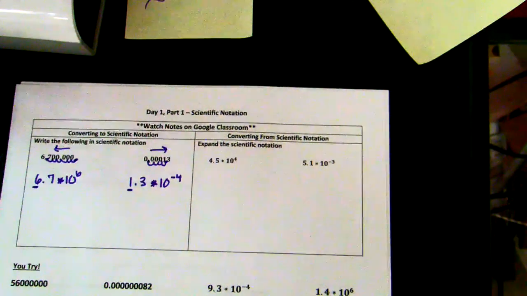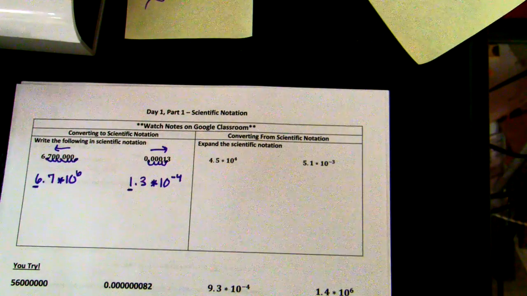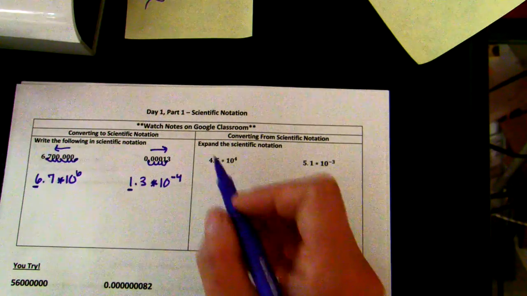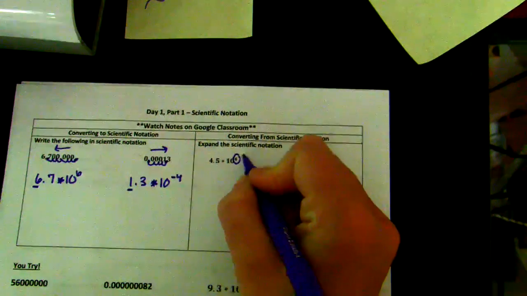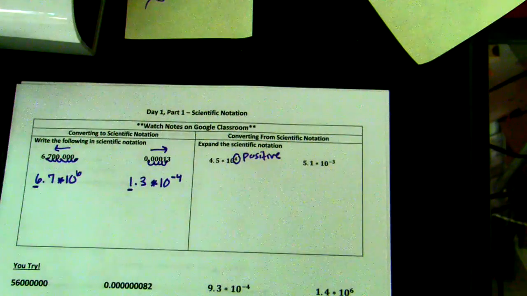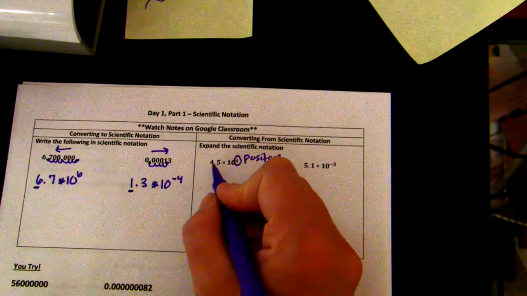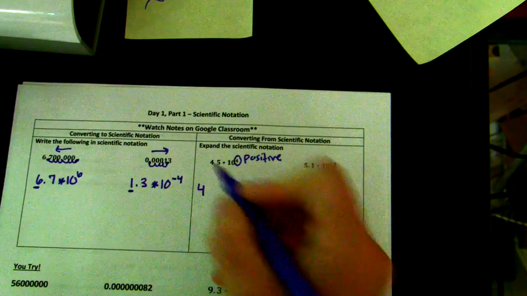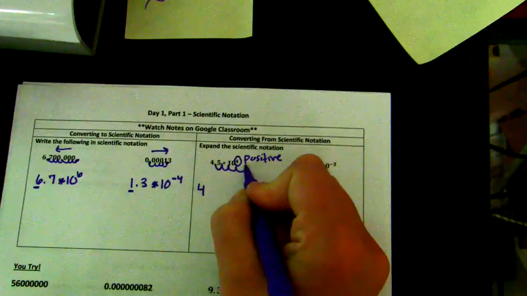All right, now we are going the opposite way. We're given a number in scientific notation, and we have to write it as a number or an expanded number. Here I've got 4.5 times 10 to the 4th. Because my exponent is positive, I know that this is going to be a really, really large number. So I'm going to write this as 4.5, and then I move my decimal 1, 2, 3, 4 places.